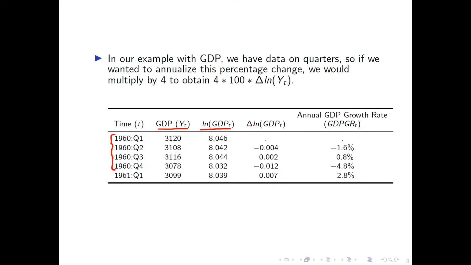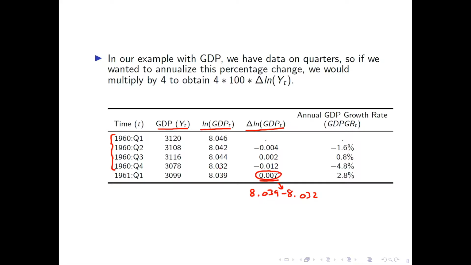And we have the change, the first difference of the logarithmic transform of GDP. So this is just 8.039 minus 8.032.